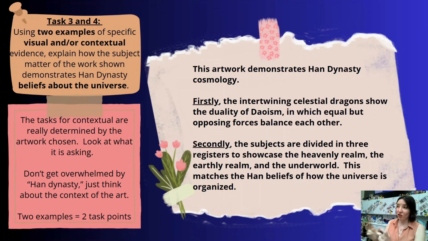So I wanted to show you guys how to switch it into contextual if it just said contextual. So I talked about how it matches the organization of their belief system. It also makes the prompt itself a little bit stronger. So restate, firstly, evidence. Secondly, evidence. That's what you want to do for these kind of task points.